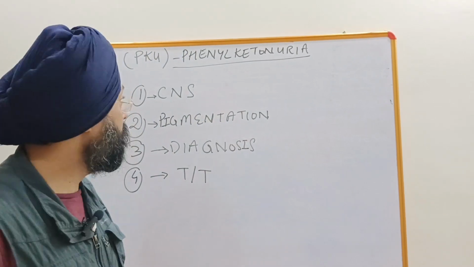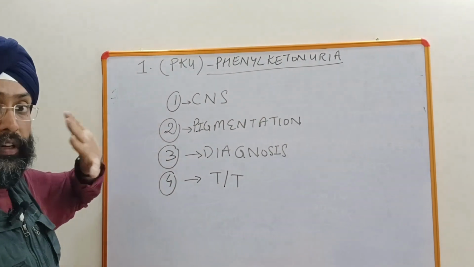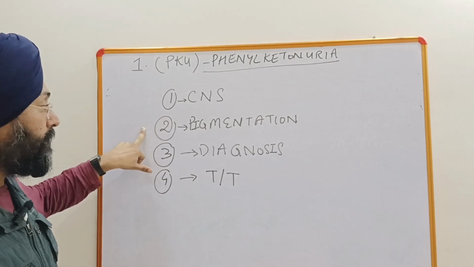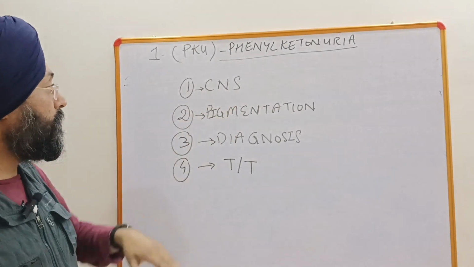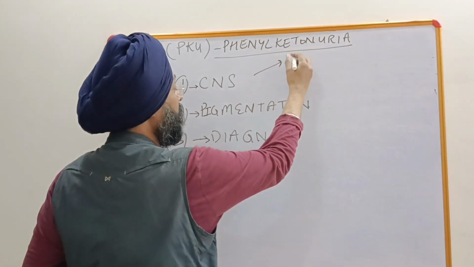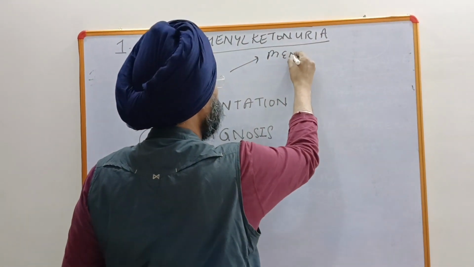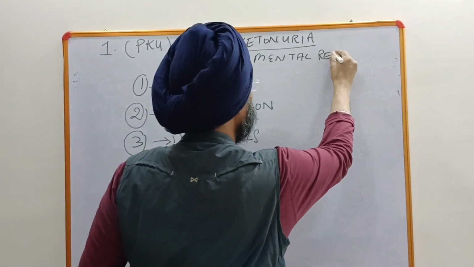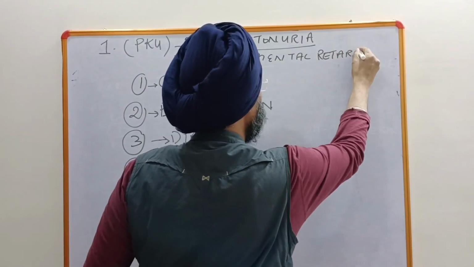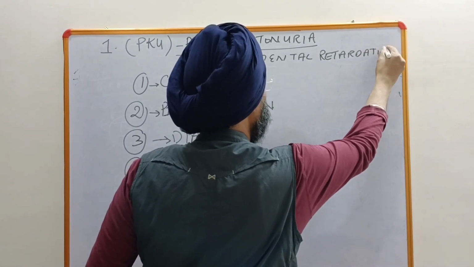Now we'll start with features. The four areas are CNS, pigmentation, diagnosis, and treatment. First of all, we start with the central nervous system. There is mental retardation, right?